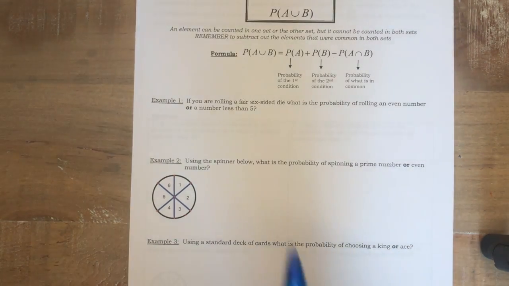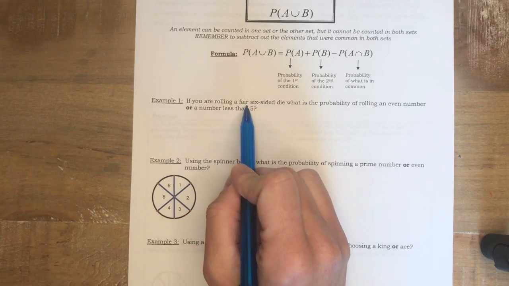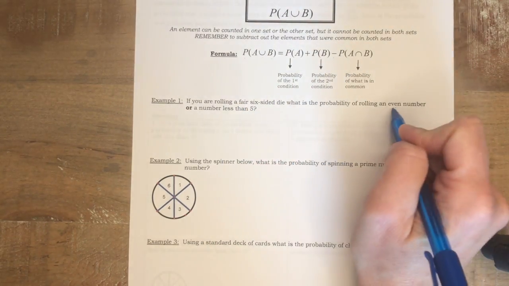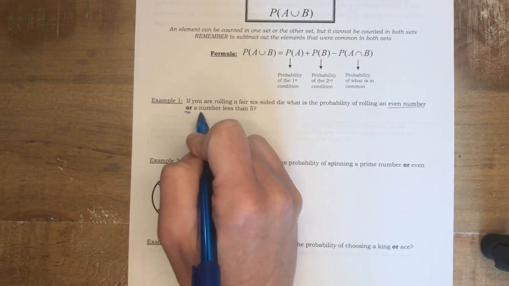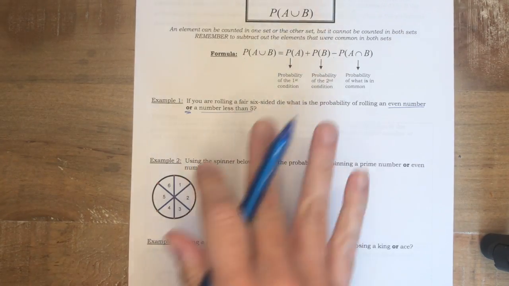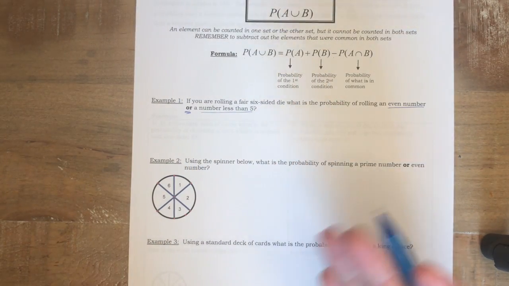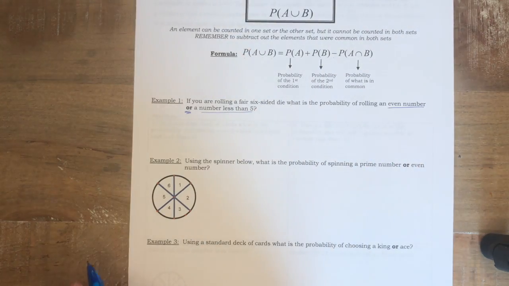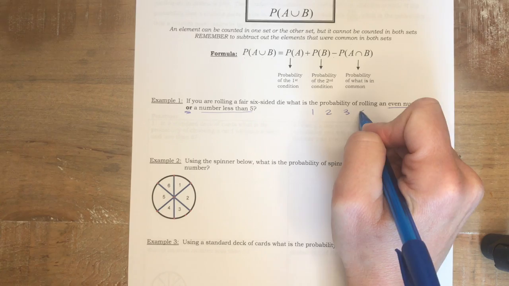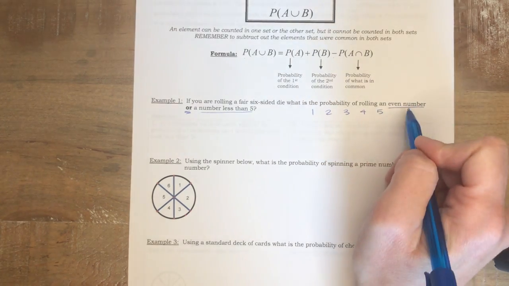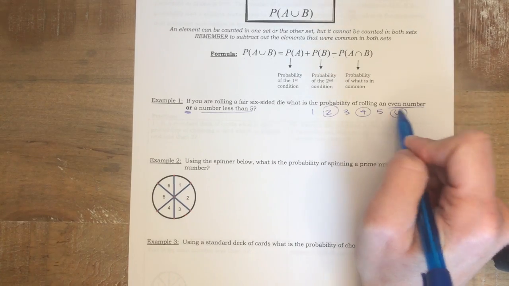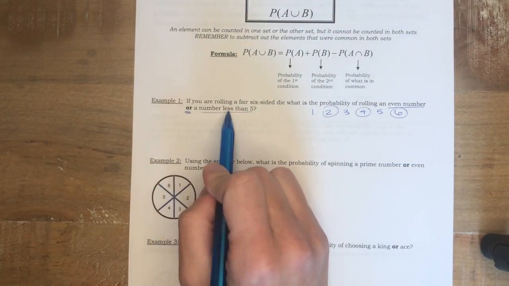So for "or," it says if you're rolling a fair 6-sided die, what is the probability of rolling an even number or a number less than 5? Okay, so it could be either one. So now there's going to be more possible outcomes. It's not as strict as the "and" was. So I'm just going to write my sample set out again just to look at it. So an even number could be 2, oops, I forgot the 6, 2, 4, 6, or a number less than 5.